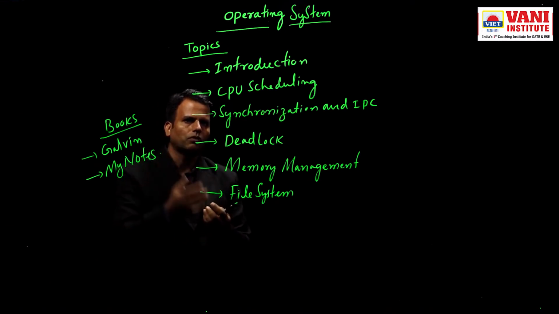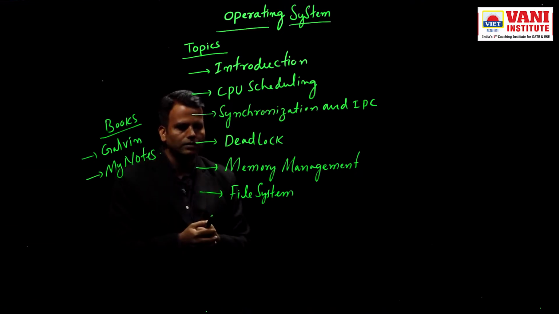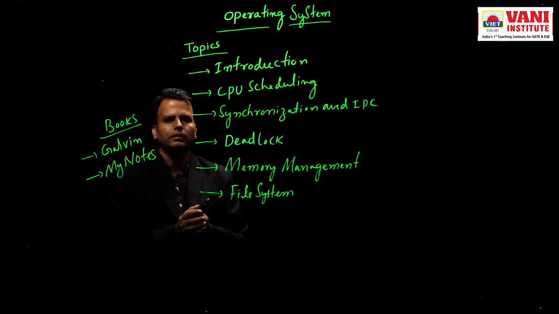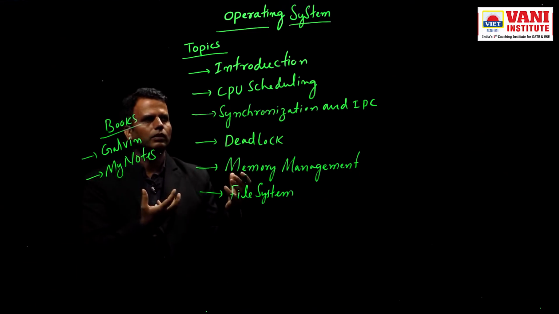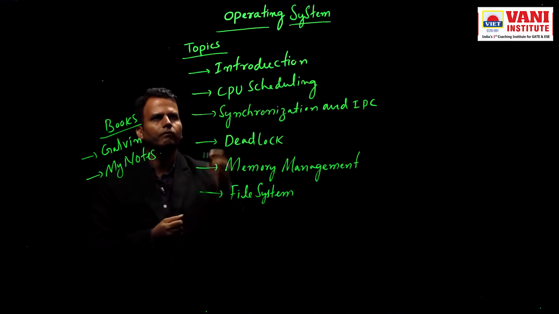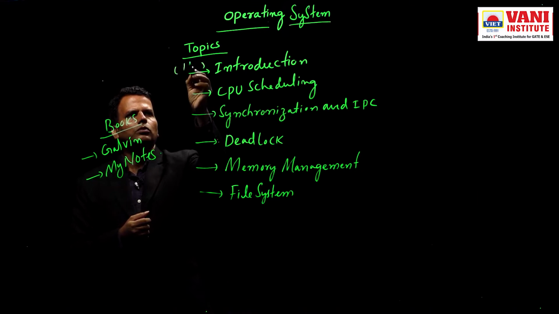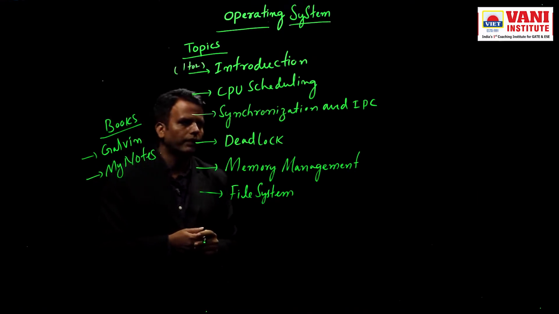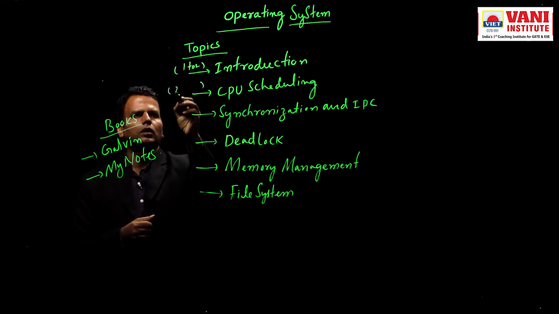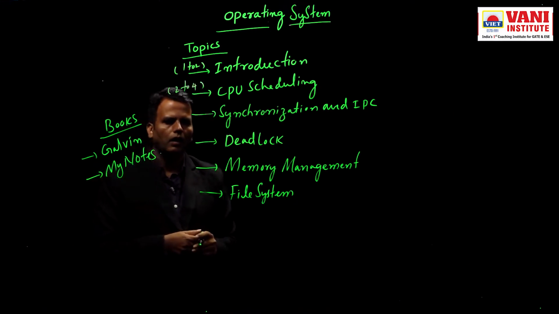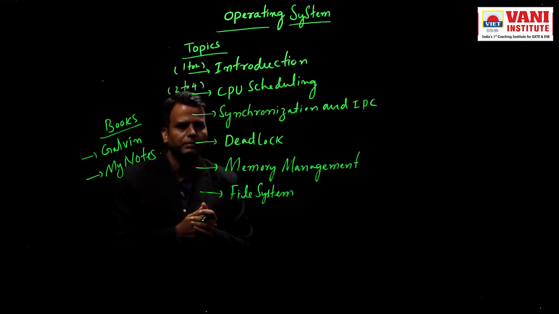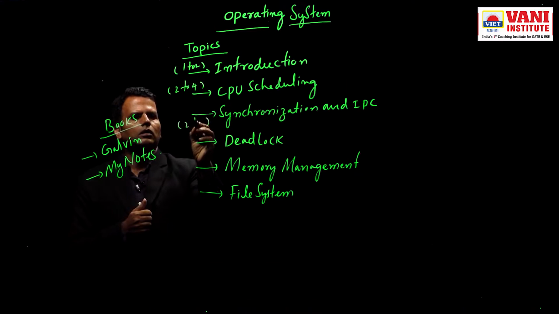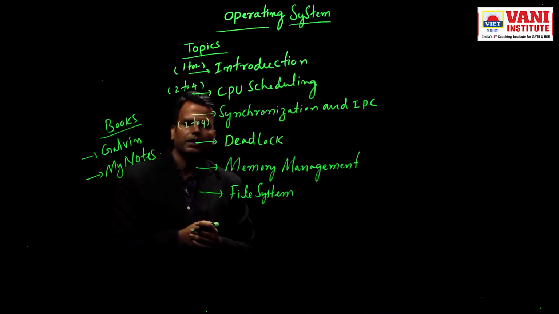Out of these 6 topics, from the introduction up to file system, what are the topics which are very important from the GATE point of view? If you are observing the weightage of these topics, let's see: 1 to 2 weightage of introduction, 2 to 4 weightage of CPU scheduling, which is a very big chapter, we will see in detail as much as possible, 2 to 4 synchronization and IPC.